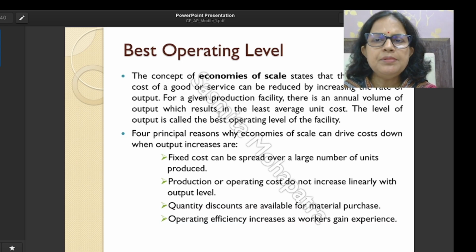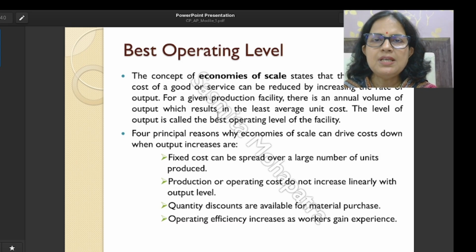Best operating level is nothing but the design capacity of the machines or the plant, or you can say the process. The design capacity is decided by the manufacturer who is manufacturing the machines.